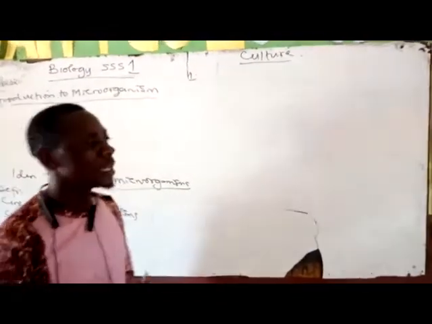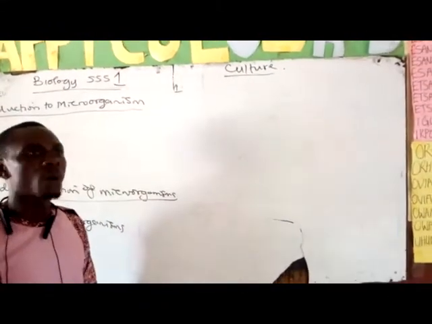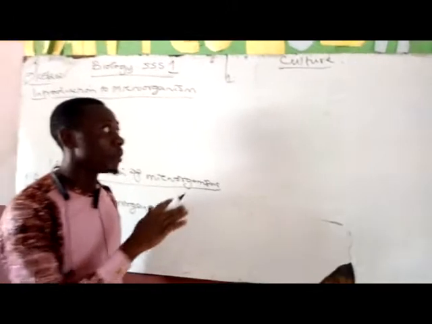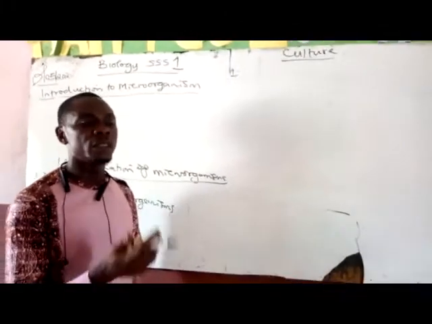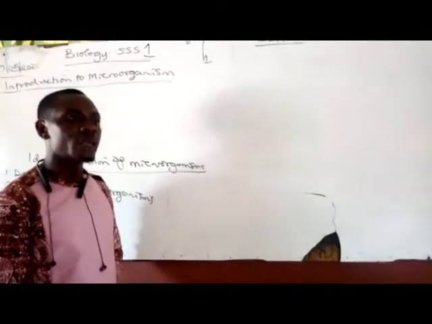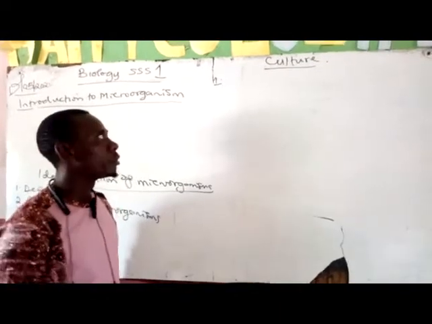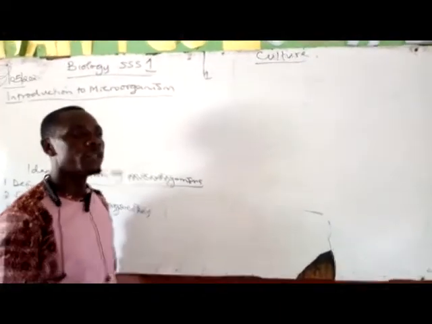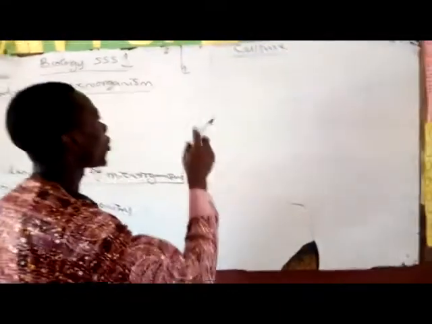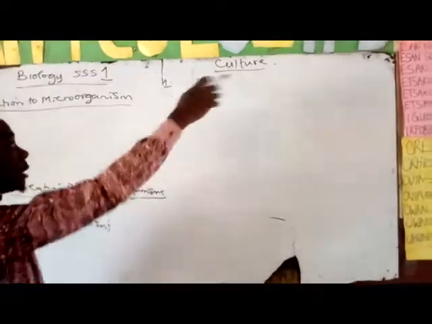It's a biological technique which involves the growth of microorganisms. All microorganisms can be grown, apart from virus. Virus, because it's not a living thing, may not necessarily be grown, but all other microorganisms, including bacteria, fungi, protista, all of them can be grown. And the medium for growing microorganisms is referred to as culture media. Now, that is what we refer to as culture.